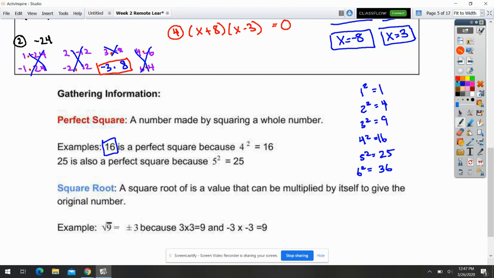So you're taking a whole number, squaring it, and the result are perfect squares. So 1, 4, 9, 16, 25, 36, 7 squared is 49, and you could keep going. So all of these are perfect squares.